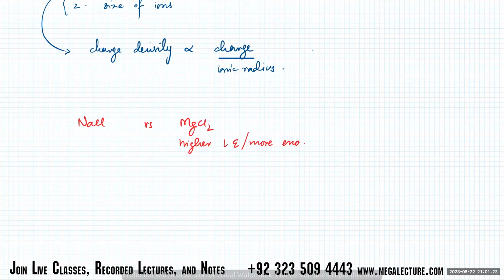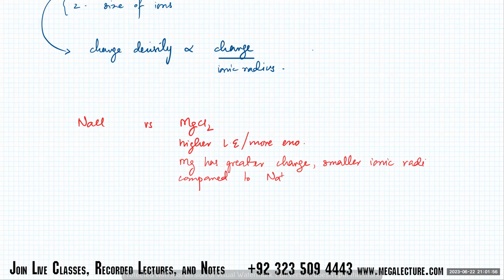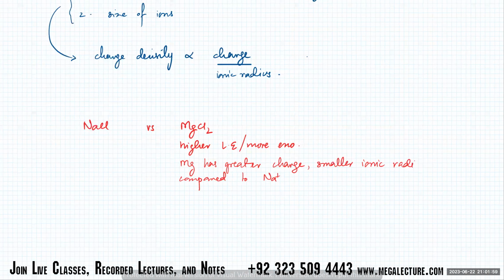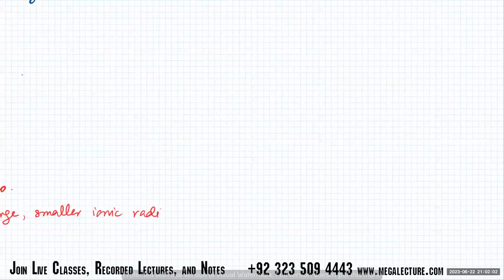And the reason for that is that Mg not only has a greater charge, which is +2, but it also has a smaller ionic radius as well, when you compared to Na+, I mean that's going to be your reasoning.